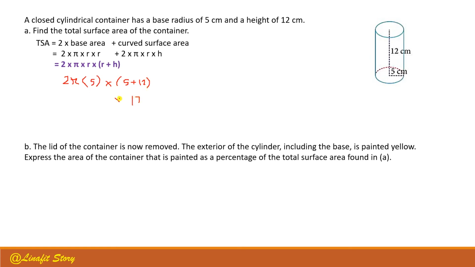So 17 times 10 pi is equal to 170 pi, which is equal to 534 square cm, to 3 significant figures.